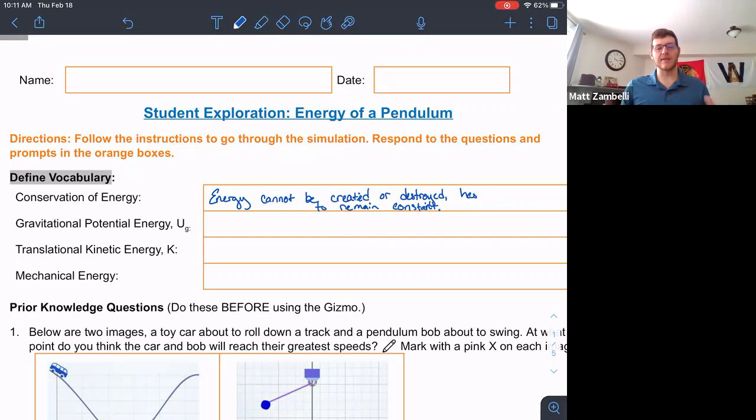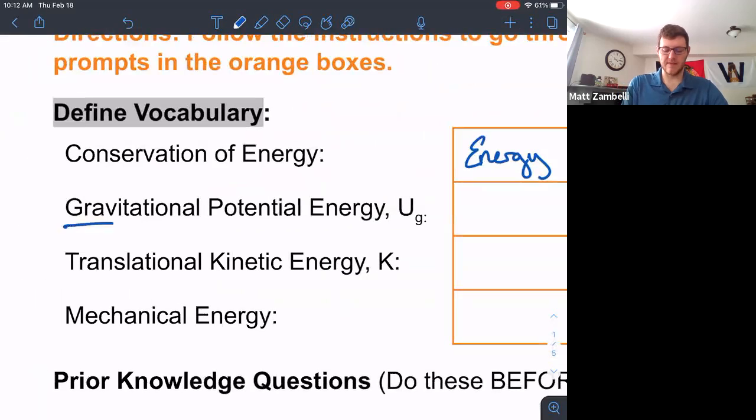And we have this gravitational potential energy. And what kind of energy is that? There are going to be two key words for that one. There's gravitational, which tells us one thing, and then there's potential, which gives us the other part of our definition. What is gravitational potential energy?